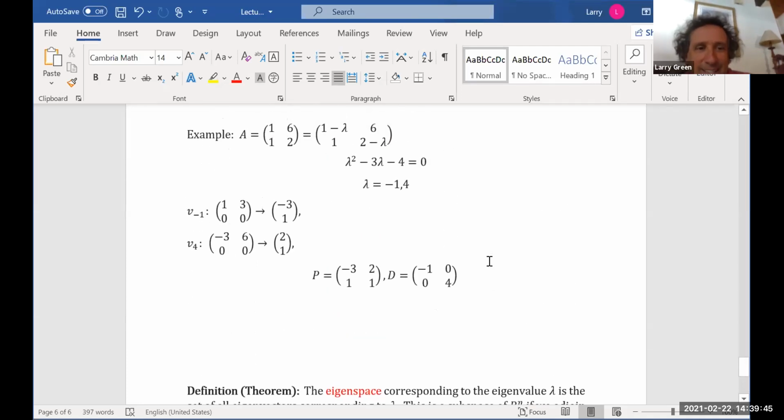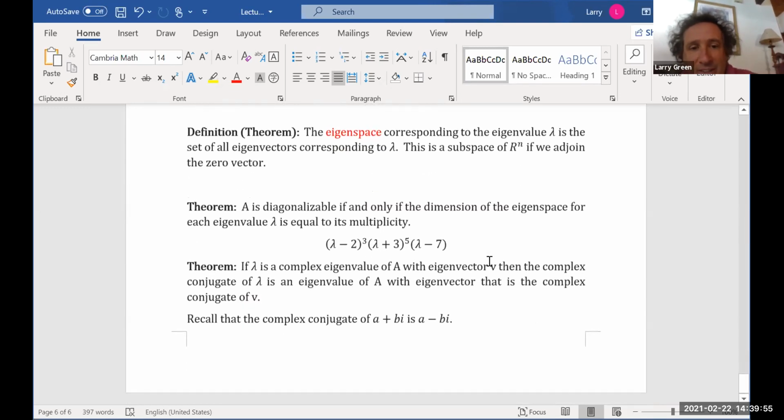Like right up here? That's what we did. We RREF'd it, found the kernel, and in this case, we only got dimension 1, so we just had 1 vector to write down. But sometimes you get more than 1 dimension if you do that. And if the characteristic polynomial is what I have here, and you do A plus 3I, then if you look at the null space of that matrix, it must have dimension 5, okay? Or if it doesn't, it's not diagonalizable. Do you see that?